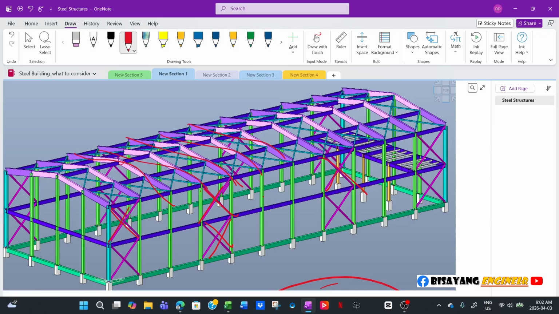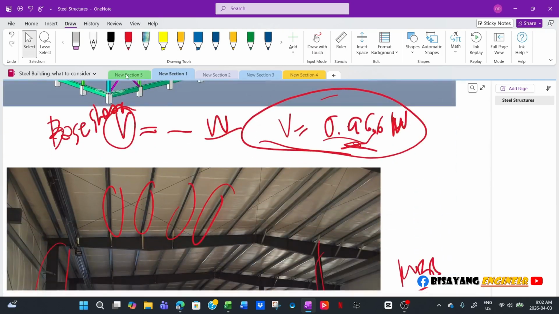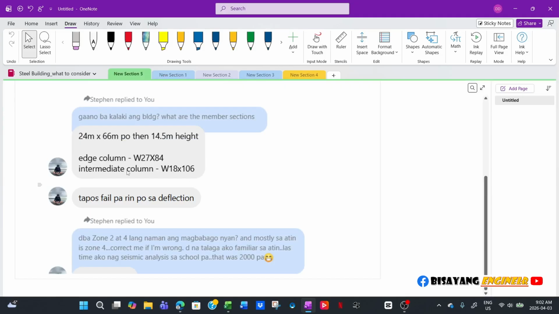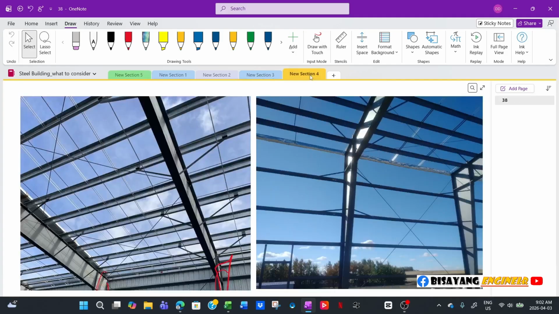The most efficient would be non-prismatic. And then I also told him, because he was worried that these sections are already big enough, I told him, like I said, I do a mock-up calculation for my buildings, right? And the tallest building that I did was only about 28 feet, I think.